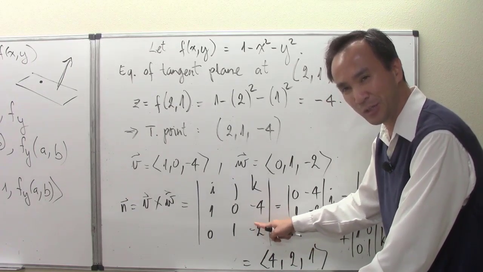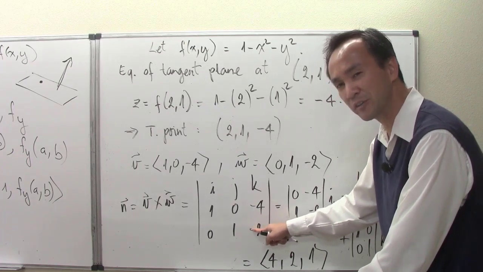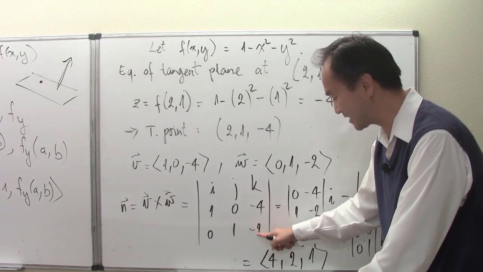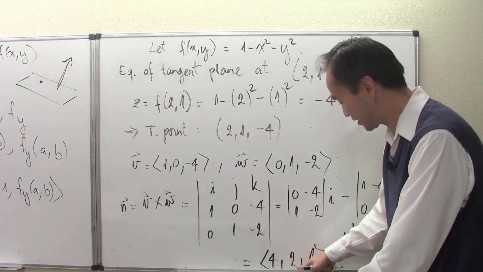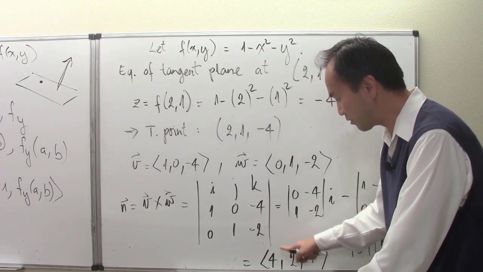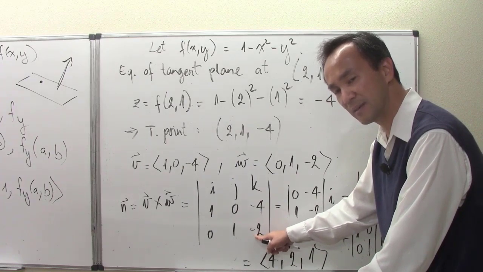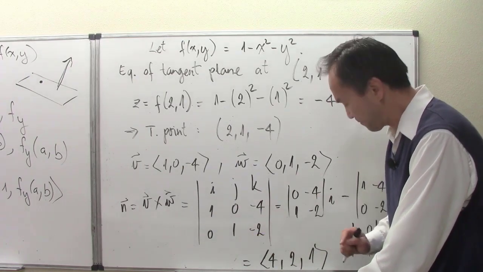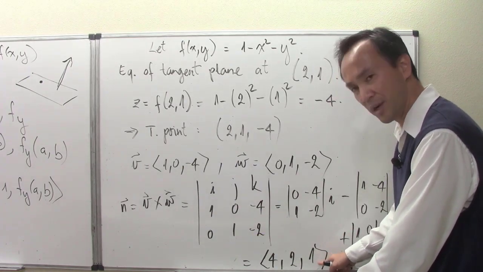Now minus 2 was what? Minus 2 was the partial derivative with respect to y, along the y-axis, at 2 comma 1. And so this normal component here has the y component being the opposite of that f sub y at a comma b right there. And then 1 here is always going to be a 1.